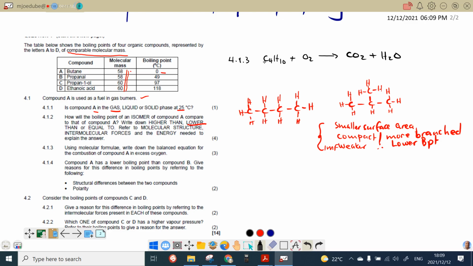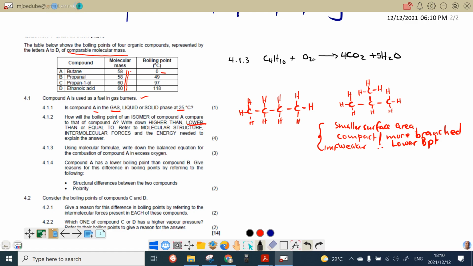When you look at that, you've got 4 carbons and 10 hydrogens. So if you are going to have 10 hydrogens, if I put 5H2O here, I've got 10 hydrogens, and 4 carbons give 4CO2.